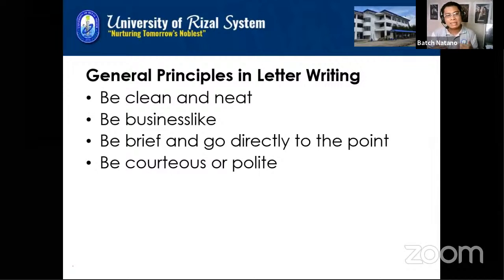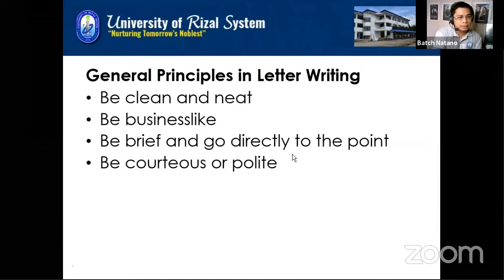However, if you say it politely, or write it in a letter in a polite manner, then the person who will be reading your work will give the response to you in a polite manner as well. So it's very important that your letter should be courteous or polite.